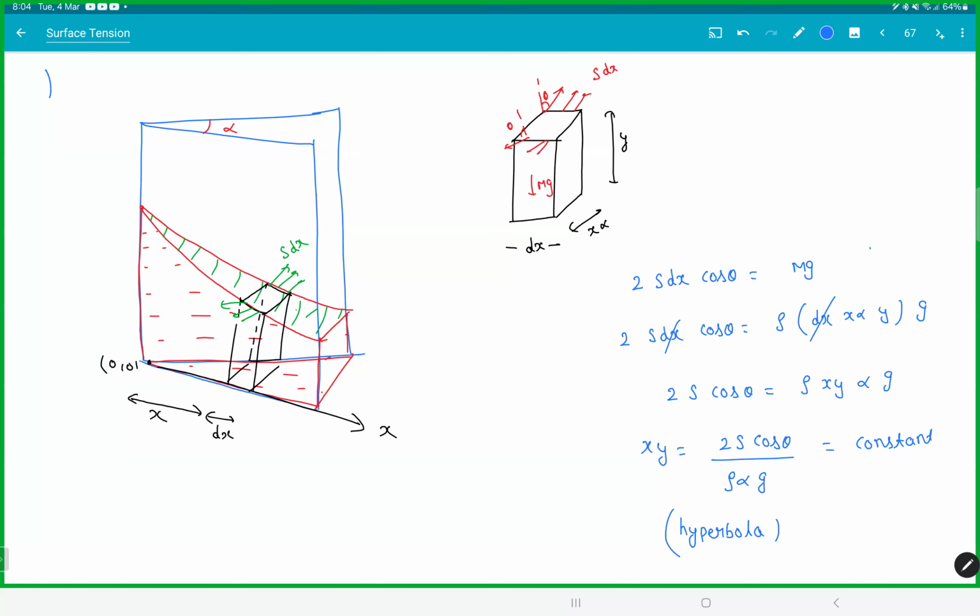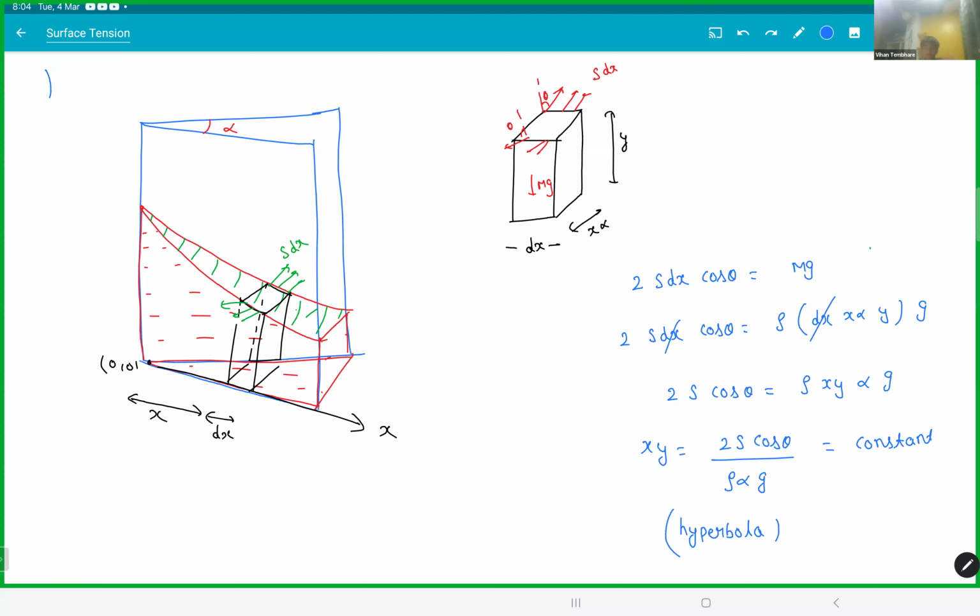Won't it be 2x alpha? Why will it be 2x alpha? So the base of the right angle triangle is x alpha, right? This is x alpha. So that's one triangle, other triangle. Which triangle are you talking about?